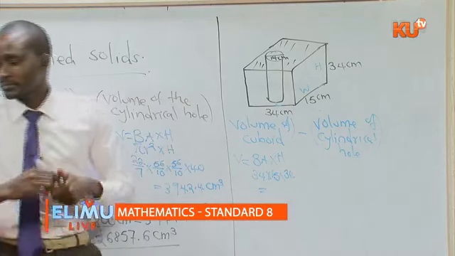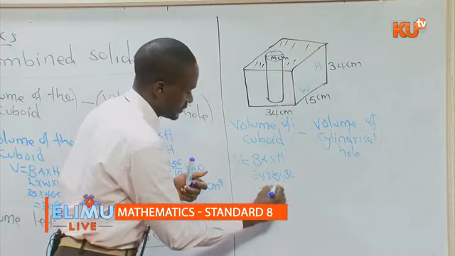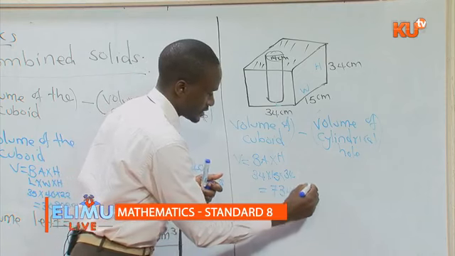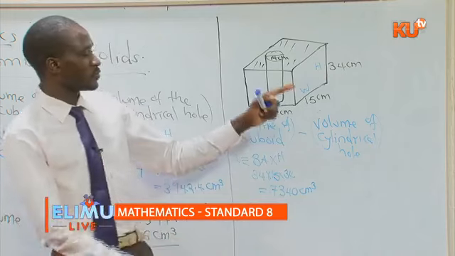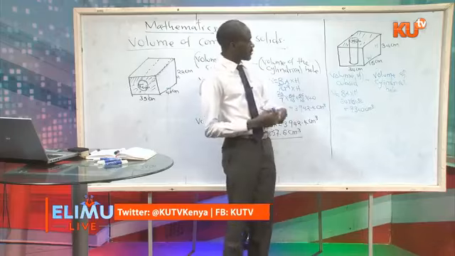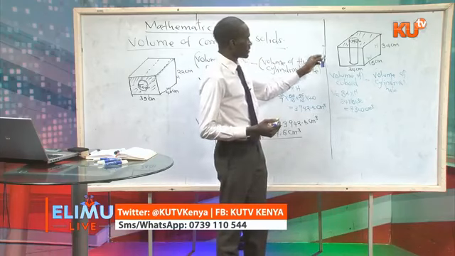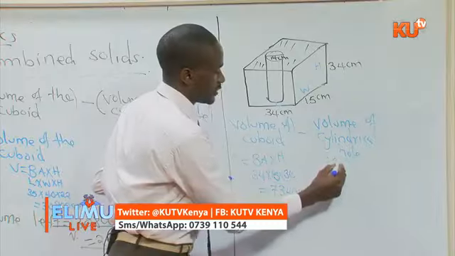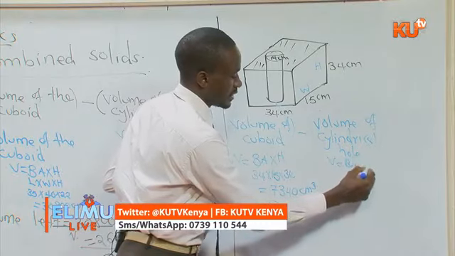That gives us 17,340 cubic centimeter. Then you come to the volume of the cylinder. Now, what should come to your mind first is the formula. Formula is very important, as the way we said volume is base area times height.